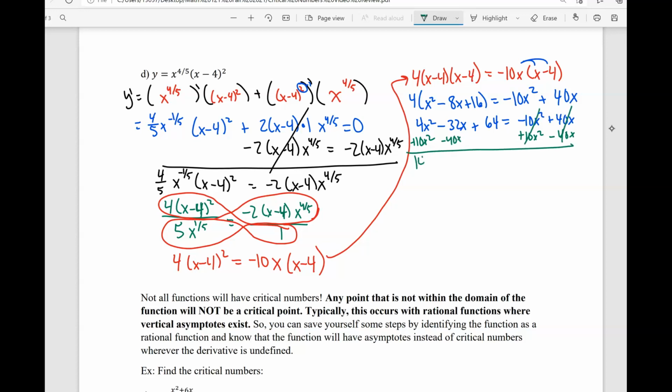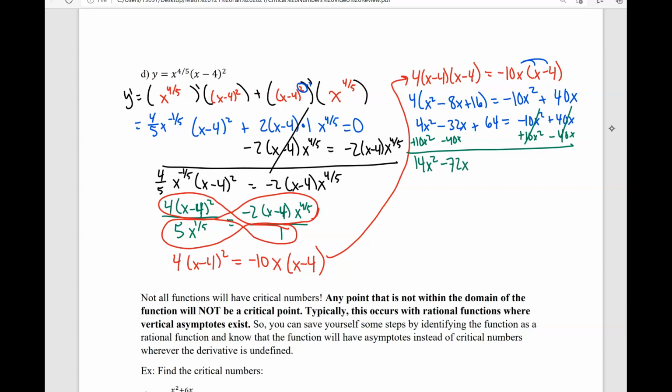So I get 14x squared, and then you're going to have this negative 40 minus 32. That's going to give me negative 72x. You're going to get this positive 64 equals 0.